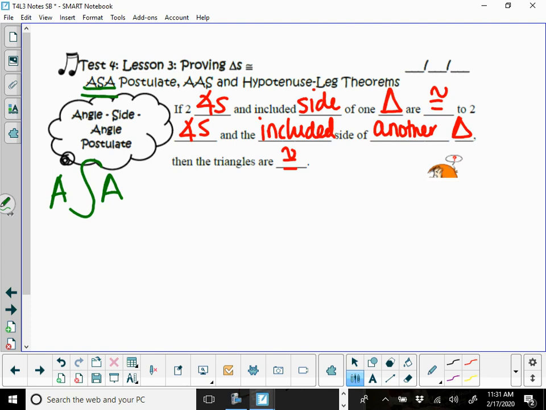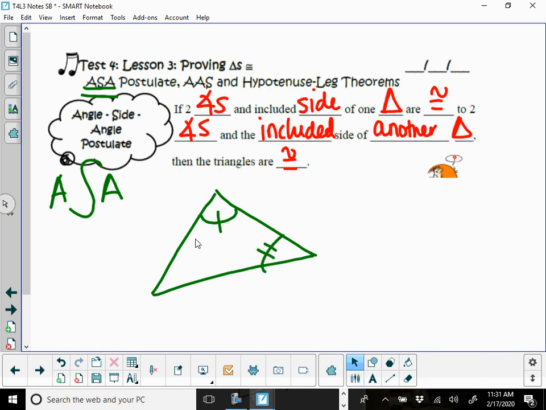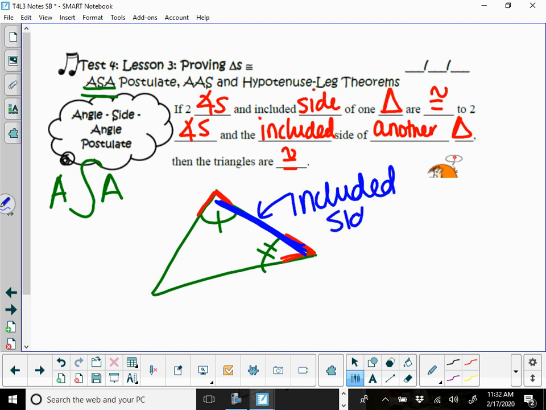All right, so if I had a general triangle here, and I had this angle and this angle, the included side is the side that touches both angles, okay? This side right here, between this angle and this angle, is your included side. It's the side that is between the 2 angles.